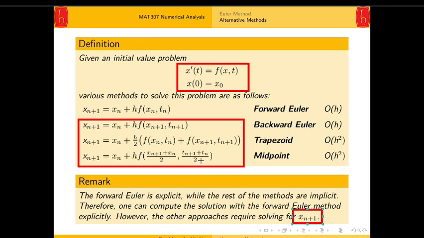But if it is not a linear function, then we need to use numerical solution techniques like Newton methods or bisection methods, or maybe fixed point iteration can be used. These ideas have to be employed to get the updated solution for these three cases.